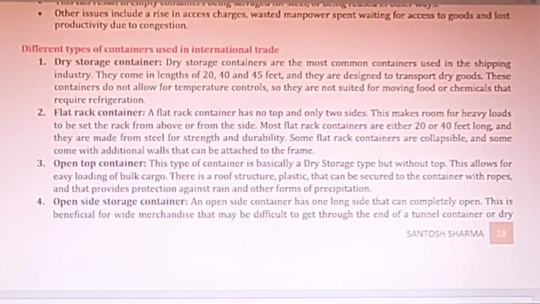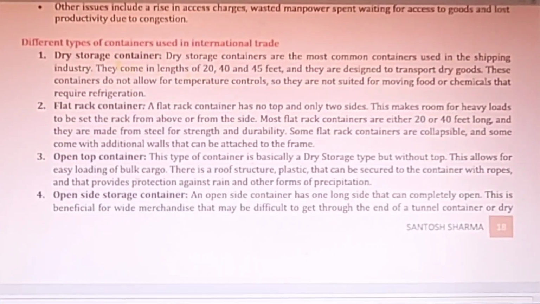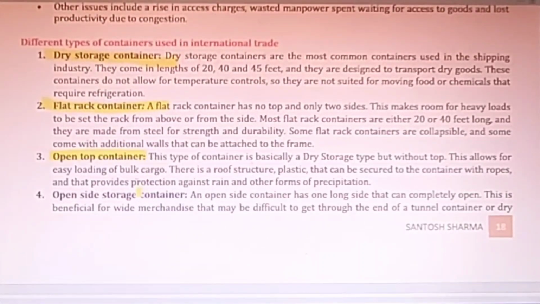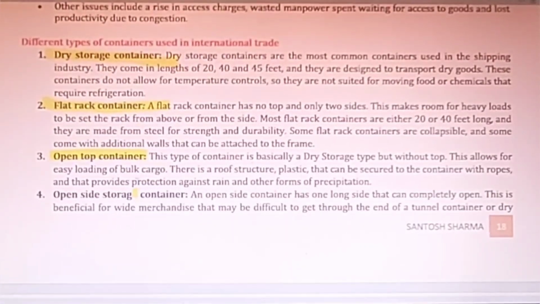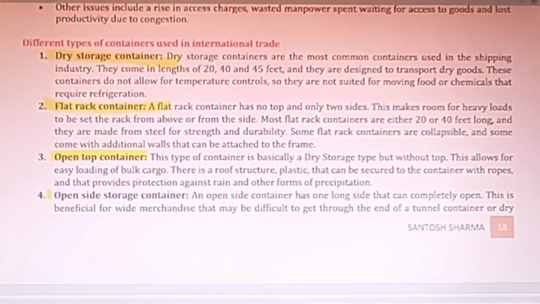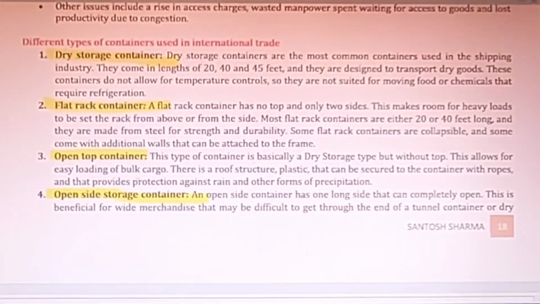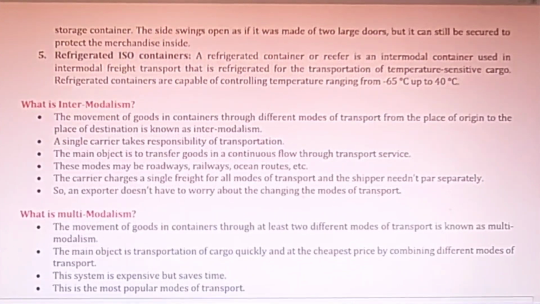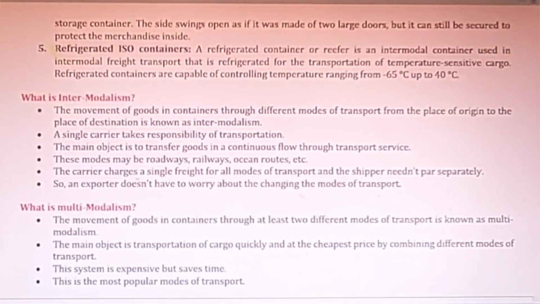Different types of containers are there, like dry storage containers, then flat track containers, open top whose tops are open. You might have seen that in mining products like iron ore, coal, so they are all transported through open top. Open side storage where the side is open. So like this, different types of containers. Refrigerated containers are there to move the perishable goods.